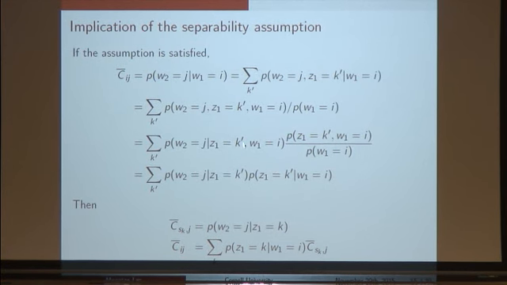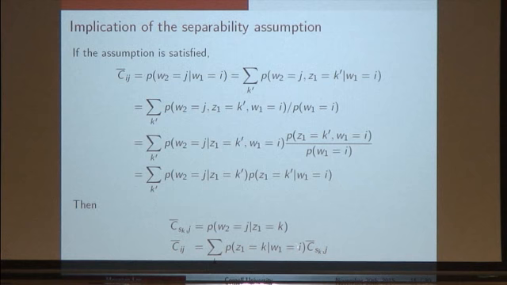Because of this equation, in the end this relation will hold, which means each row in the row-normalized co-occurrence matrix will be a convex combination of certain rows corresponding to anchor words. The sum of these coefficients will be equal to 1, and these correspond to the word-topic matrix that we've seen in the previous slide.